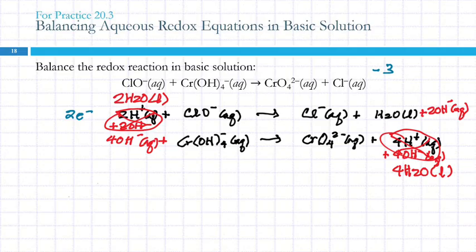But we've got water is neutral, and this has a -1 charge. Over here, I have chloride with a -1 charge and 2 hydroxides with a -1 charge. So a total of -3 on the right and only -1 on the left. So that's why I added 2 electrons. Is that what you needed to see?